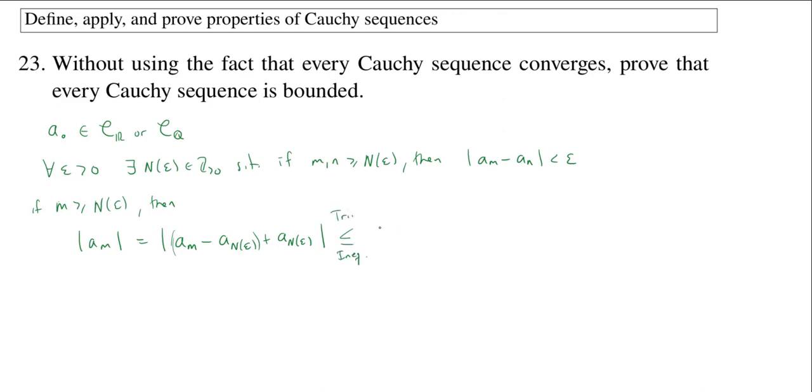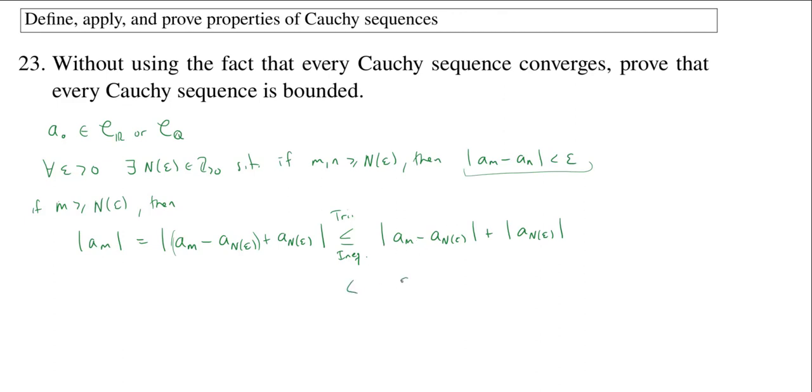All right, when I use the triangle inequality, I know this is bounded by the difference between a_m minus a_n(epsilon) plus the absolute value of a_n(epsilon). Now I know that since m is at least n(epsilon), and of course n(epsilon) is at least n(epsilon), I have a Cauchy sequence, so these two terms are close to each other.